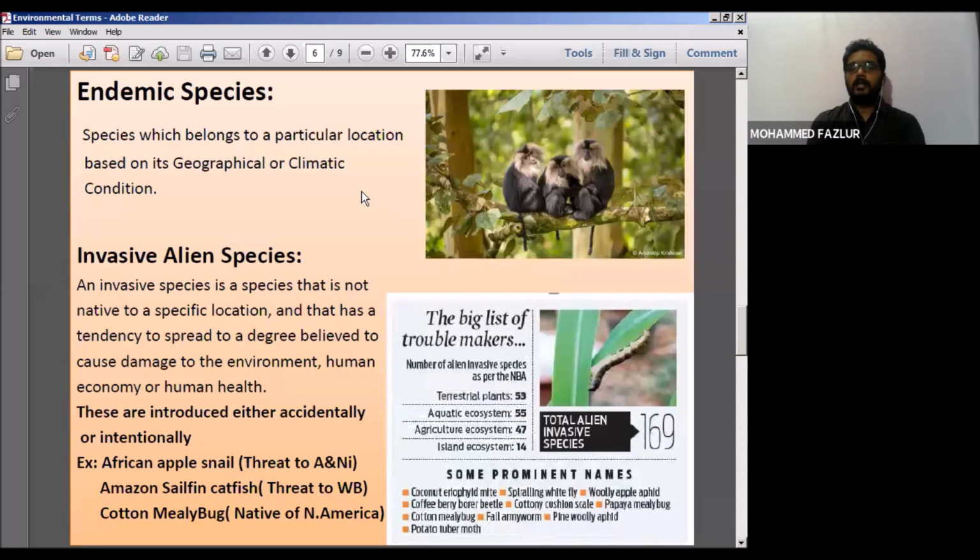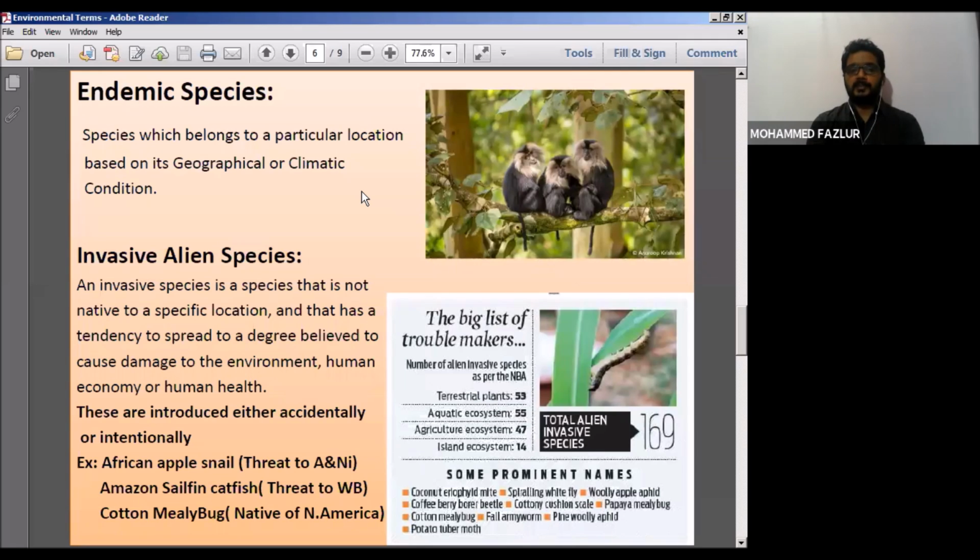They will try to take over the location of other species which are endemic. That is, the species already present in that area are dominated by these newly arrived species from another location. So these species you call invasive alien species. Now I have written a simple definition there.